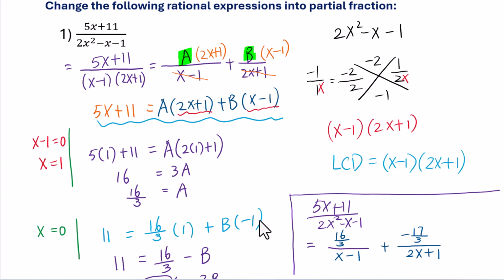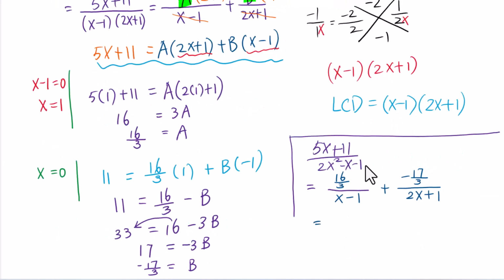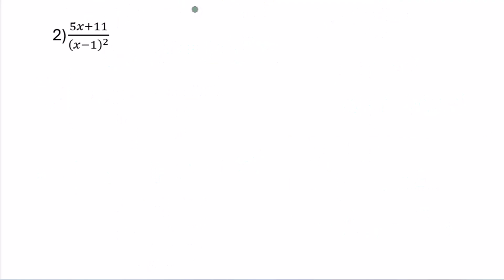Let's organize. Equals 16 over 3 times x minus 1 minus 17 over 3 times 2x plus 1. Let's go to question 2.